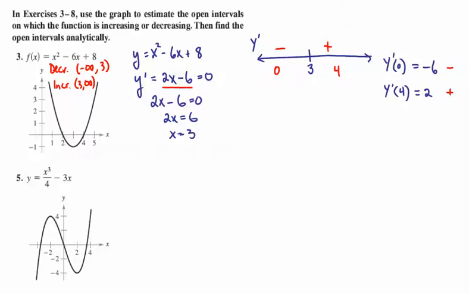Now, some people like to go ahead and draw it out. When the derivative is negative, it means that the function is decreasing. When the derivative is positive, it means that the function is increasing. So you can see from the graph there, and we can write decreasing will be from negative infinity to 3, and increasing from 3 to positive infinity.